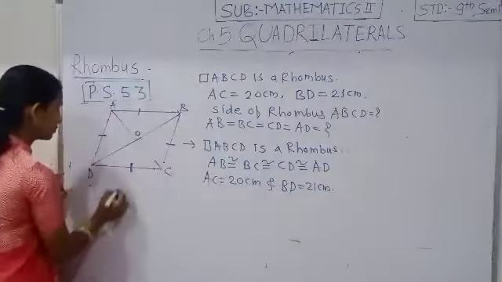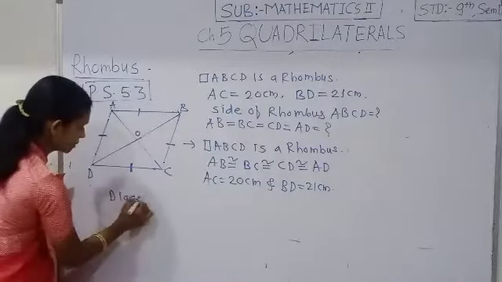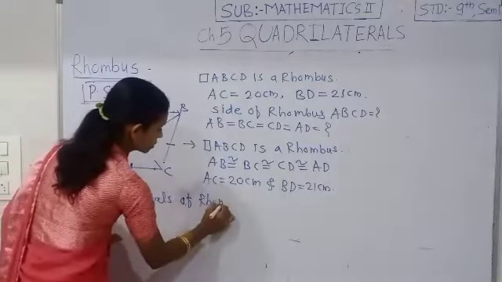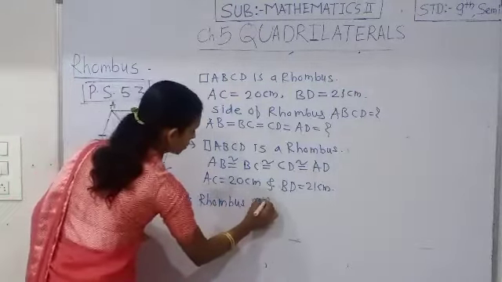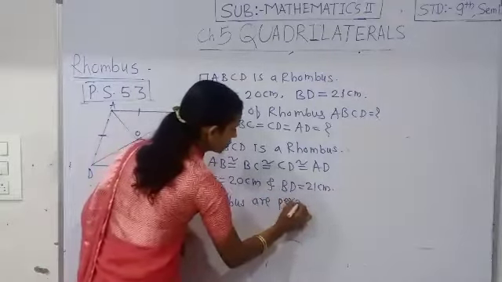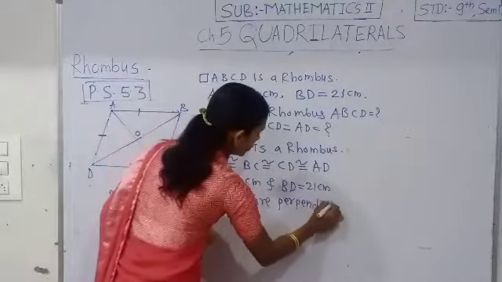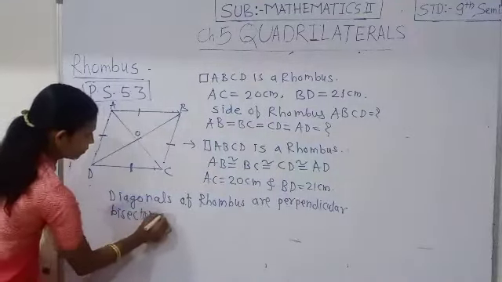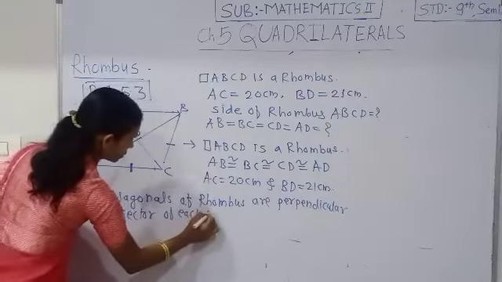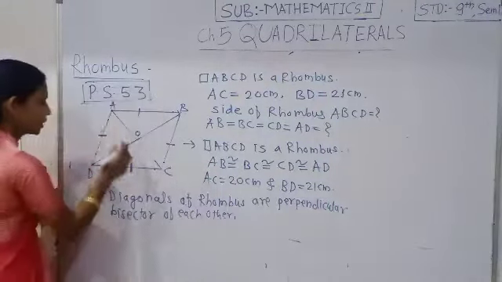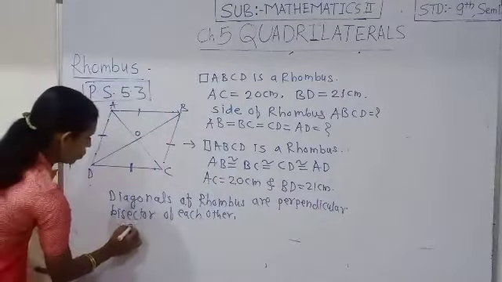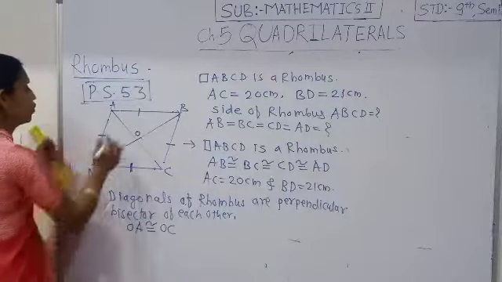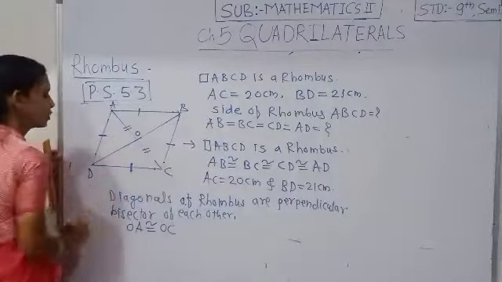But we know that diagonals of a rhombus are perpendicular bisectors of each other. Therefore, here we can write that OA is congruent to OC.